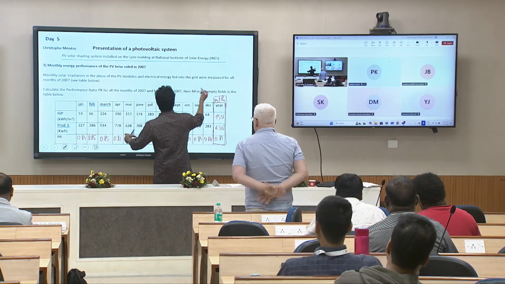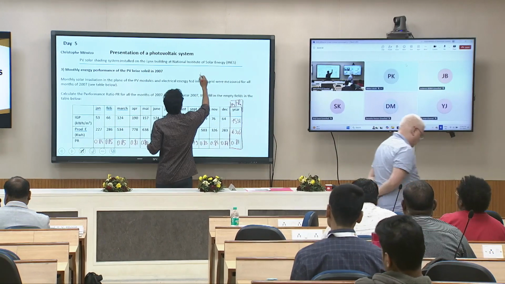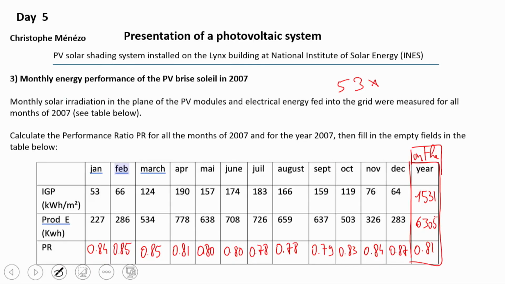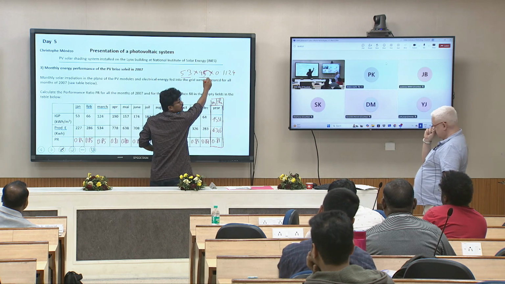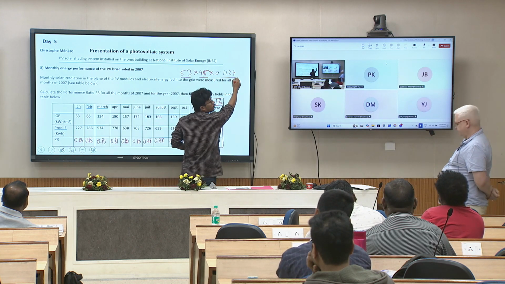So for January, can you explain what you did? This is the solar radiation in 1 month. Incident radiation? Yeah. Then this is the area, and this is the efficiency of solar panel.